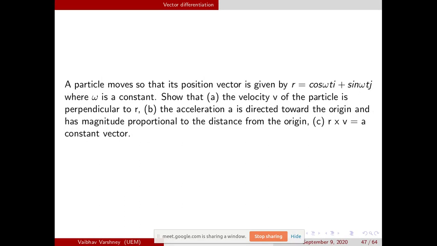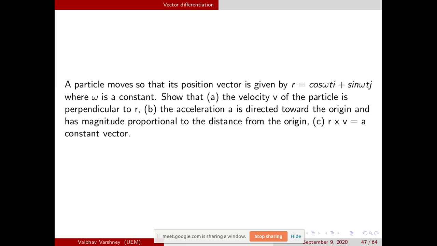Anyone got it? One term will be negative, one term will be positive.